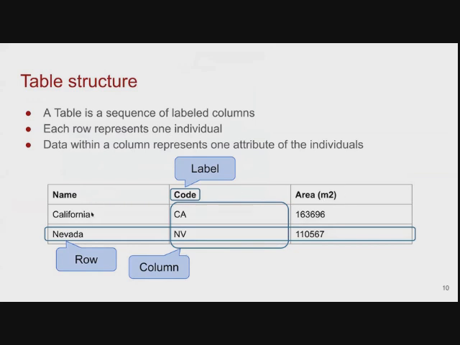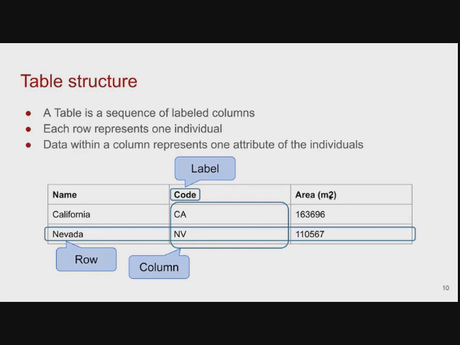The number of actual data rows here is 2. We have California and Nevada. The first column is the name of the state. The second column label is called code, which is just the abbreviation for each state. And the third column or label is area in square meters.